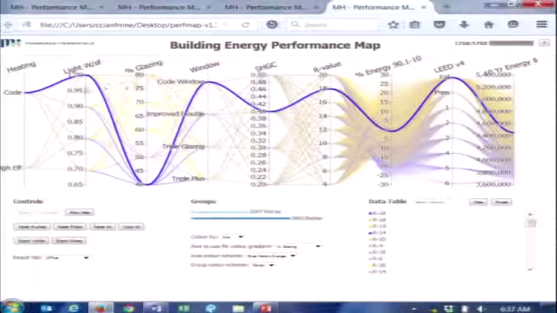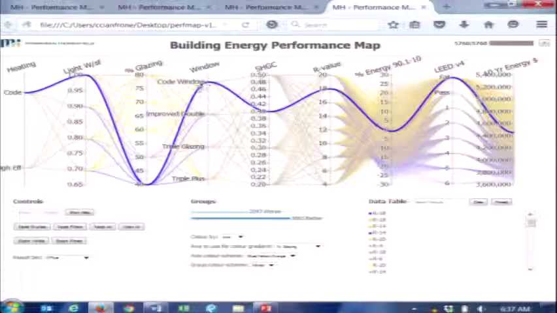The line that's bolded here in blue shows one energy simulation. As I said, there are about 6,000 lines on here, and each line represents one simulation. For example, this particular design has a code-compliant heating system, 1 watt per square foot of lighting, and a 40% window-to-wall ratio.